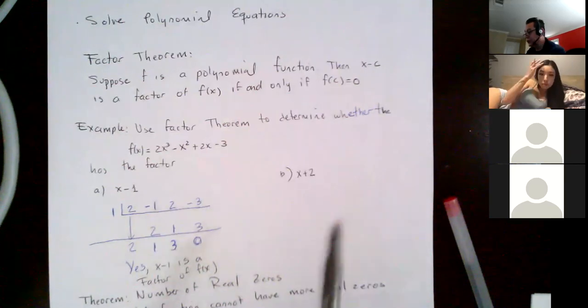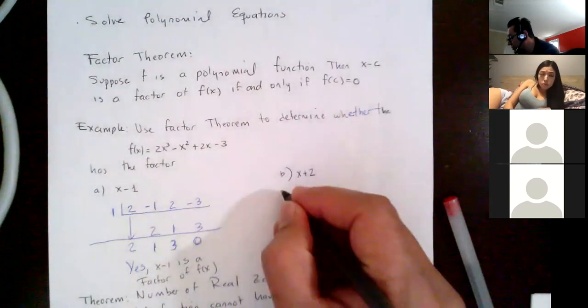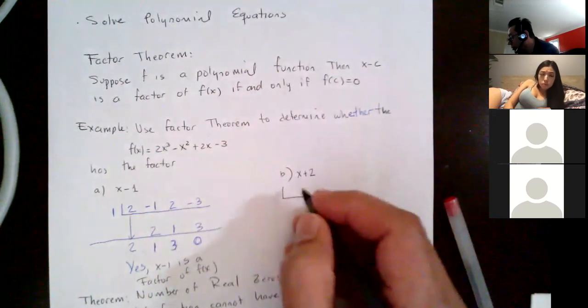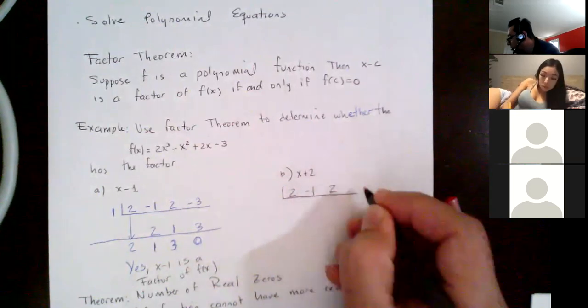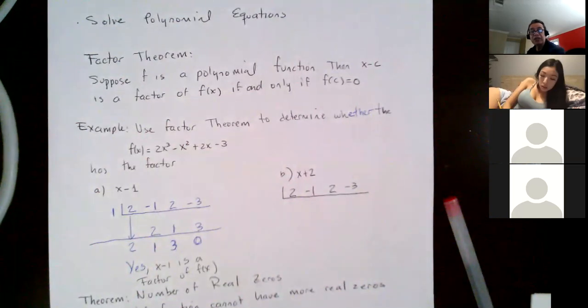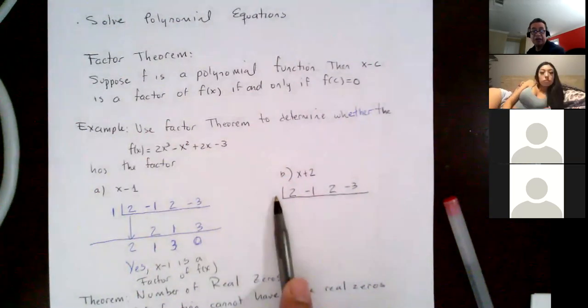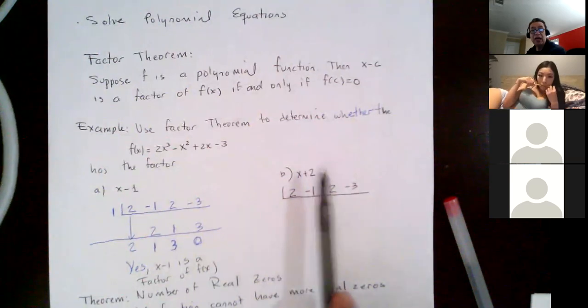All right, so let's do similar steps as before. We're going to write the 2 here, negative 1, 2, and negative 3. Now, the good question is, which number goes outside now? Negative 2, you're right. Now, let's see why.